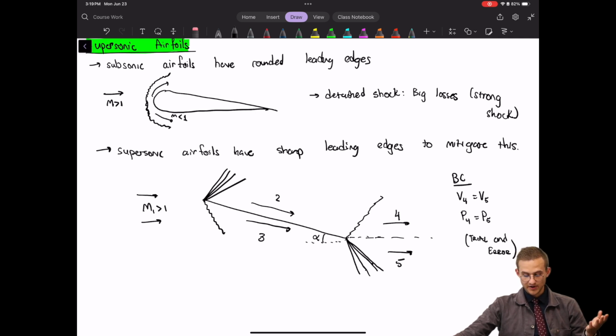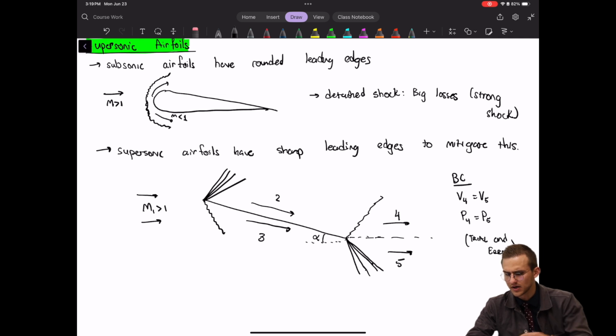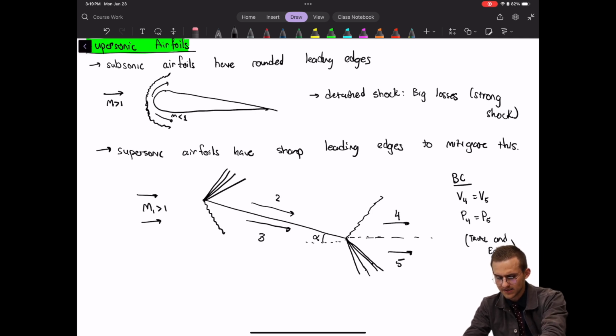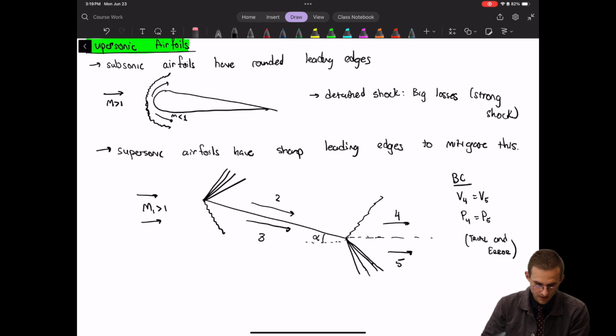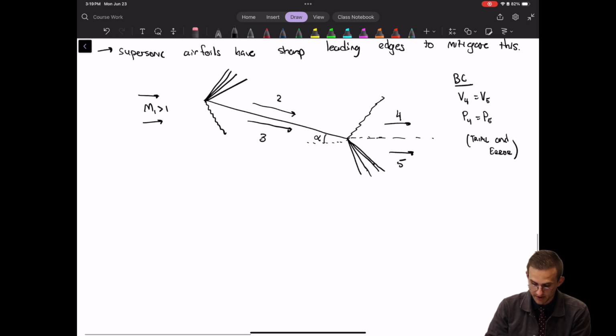And so we can figure out what the pressure in regions 2 and 3 are by using the Prandtl-Meyer function that we derived, I think, at the end of the last lecture, nu, and also the oblique shock relations, or doing some oblique shock analysis, I should say.